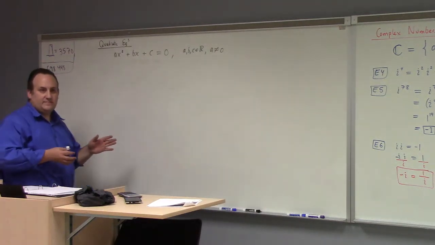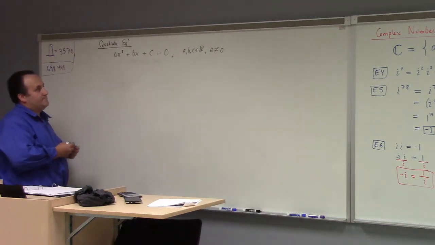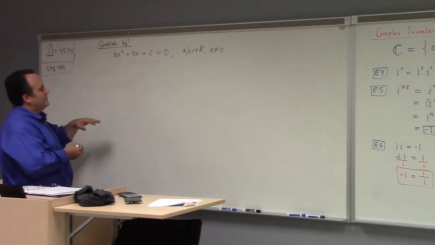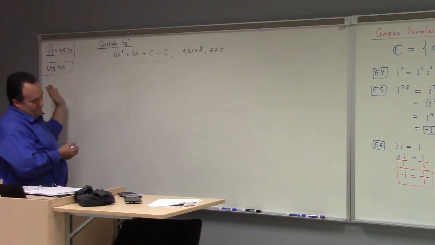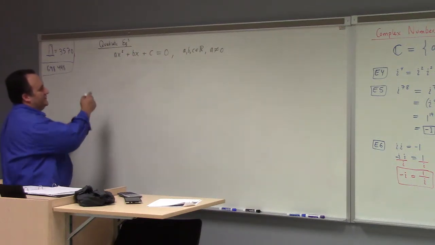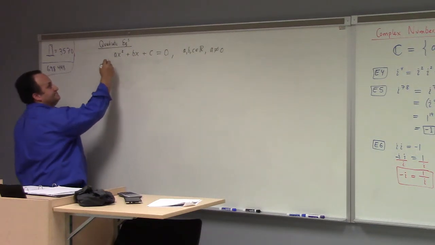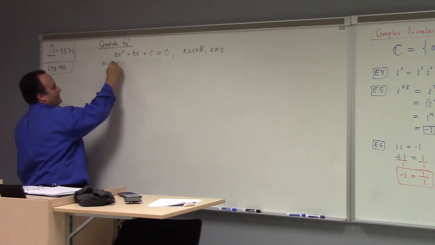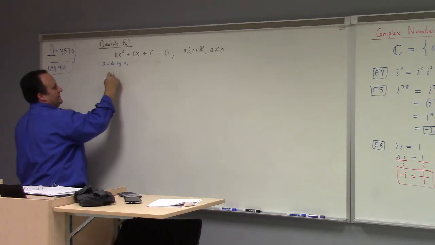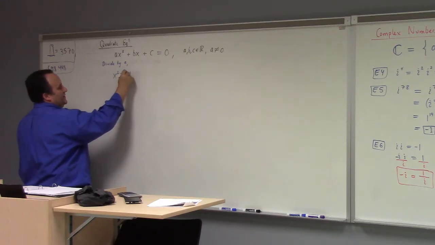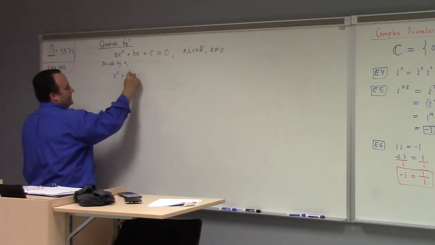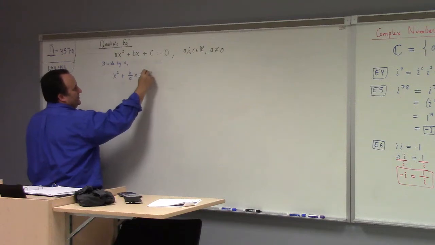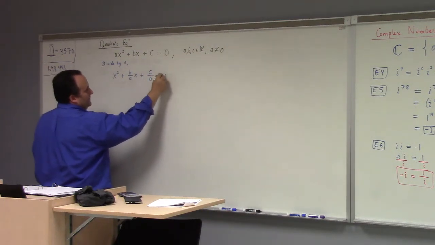We'd be done, right? So let me just forge ahead here. I'm going to start by dividing by a. So divide by a, what does that give me? I get x squared plus b over a times x plus c over a is equal to 0.